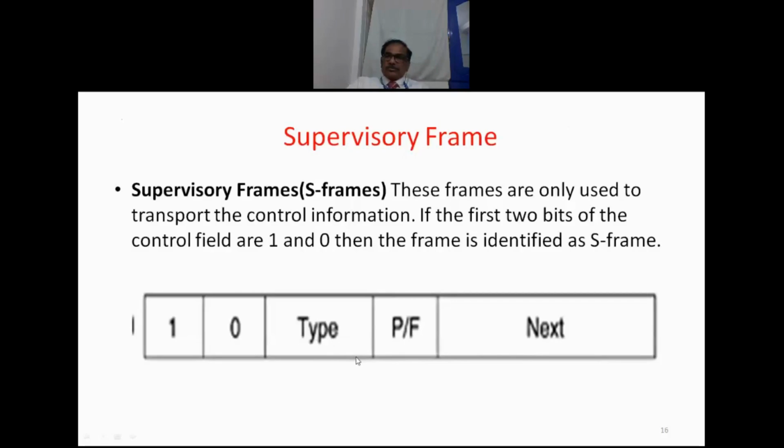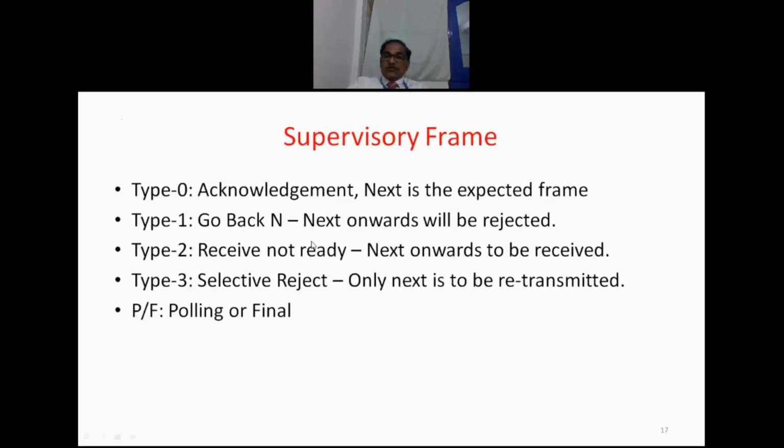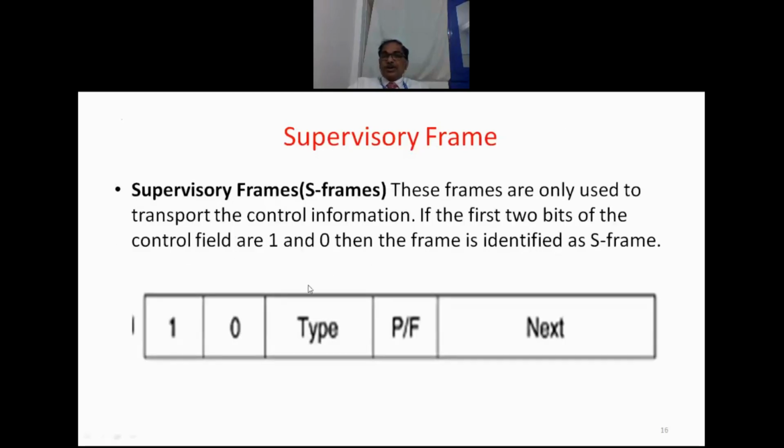Next is type 1, go back N. If 0 1 means type 1, go back N means from here onwards, retransmit again. If this is 0 0 1, then from frame 1 onwards you have to retransmit. We have already seen go back N. It is the same concept.